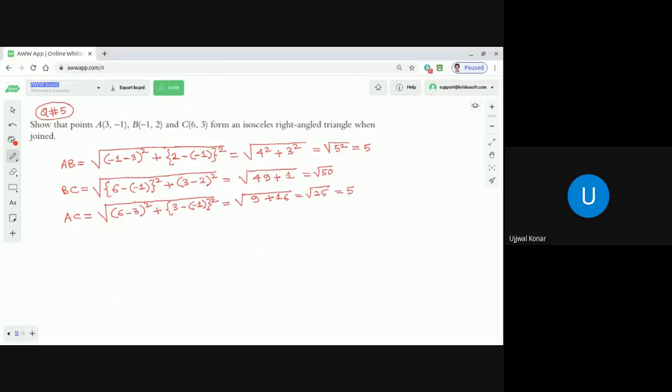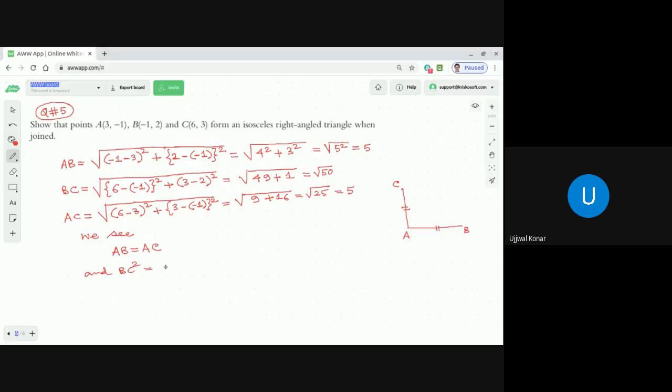Correct or not? So we see AB is equal to AC, as you can construct the triangle also. It is B, it is C, and this is A. So AB is equal to AC, and let's find BC square.